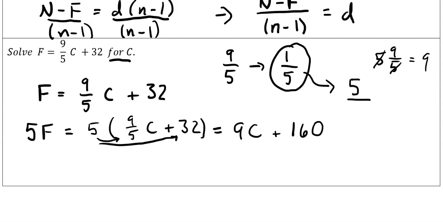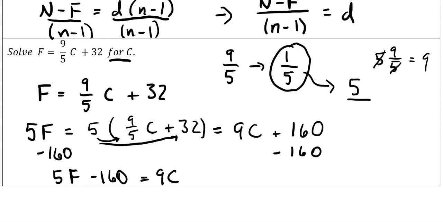Well, we want to solve for c, so we're going to subtract 160 on both sides, which leaves us with 5f minus 160 is equal to 9c. Then we want to get c alone, so we divide both sides by 9.